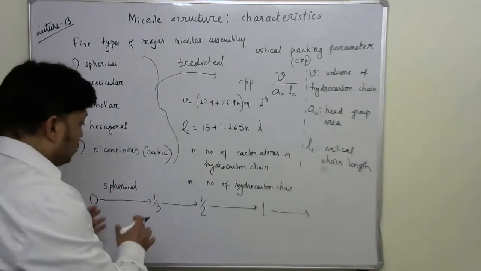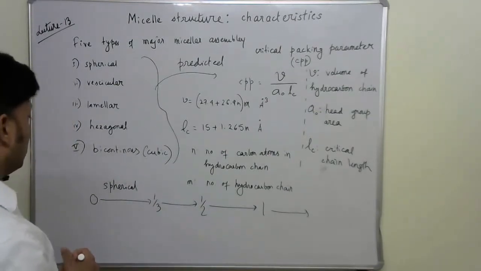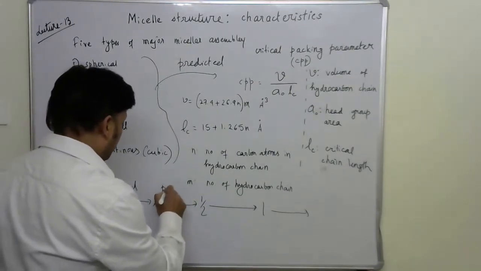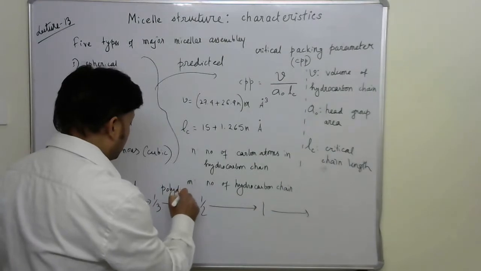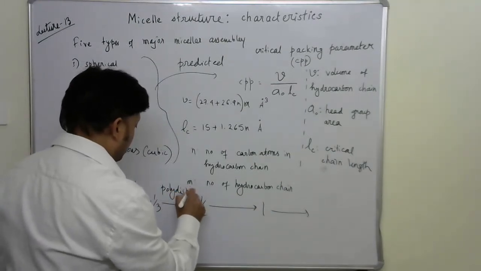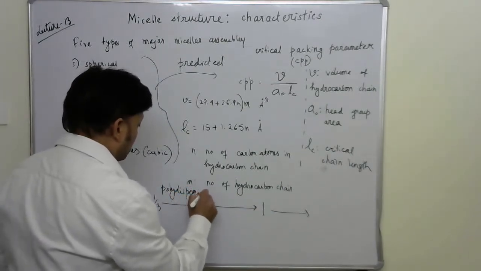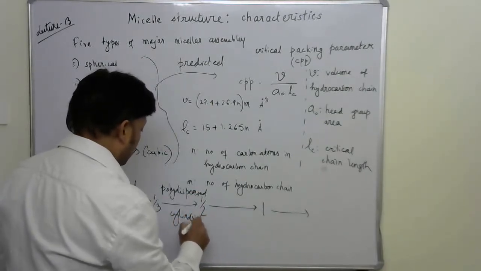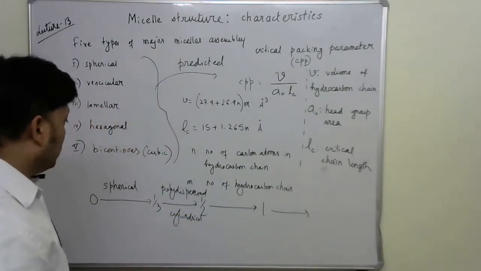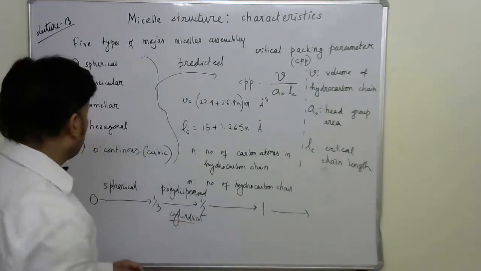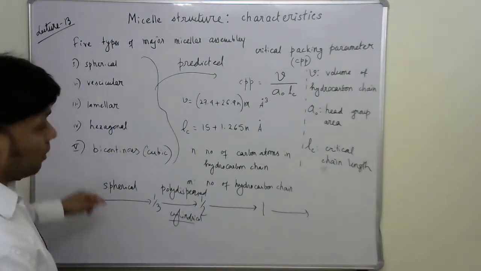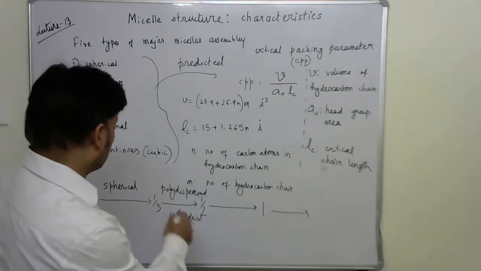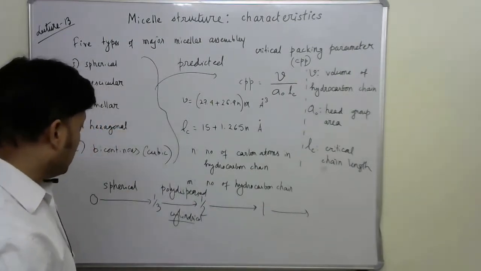Between 1/3 and 1/2, polydispersed cylindrical micelles are formed. You may wonder why these cylindrical micelles are not mentioned here. I will talk about that because it is already included in one of the structures.